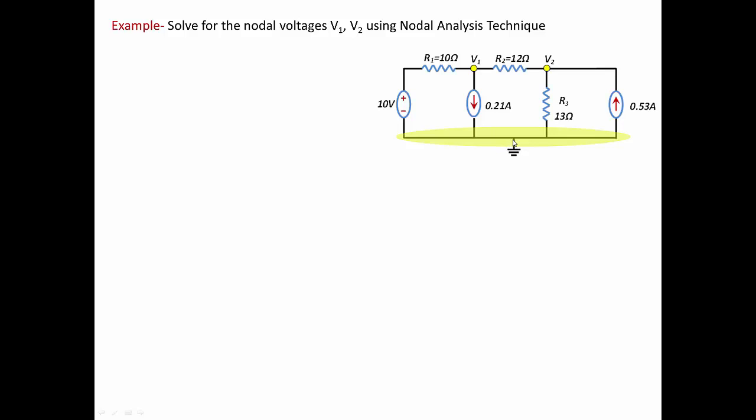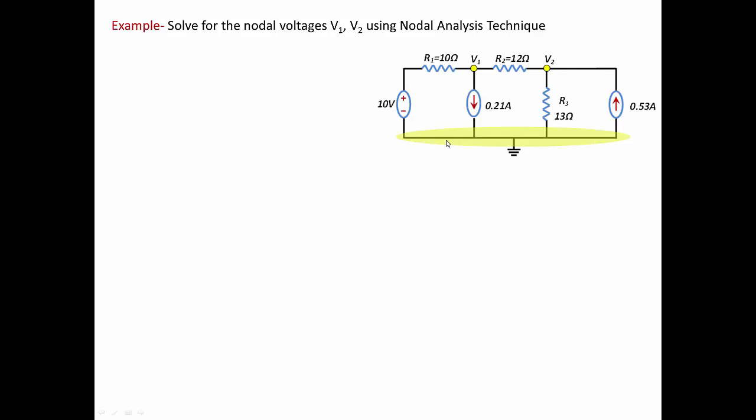So this node physically, in most cases, is connected to ground. This symbol here means that it's connected to ground. That means it reads 0 volts in reference to any other node. Now this is one single node as shown here, because this branch, which is the current source, this branch, which is a resistor, this branch, which is another current source, and this branch, which is a voltage source, are connected at the same node.